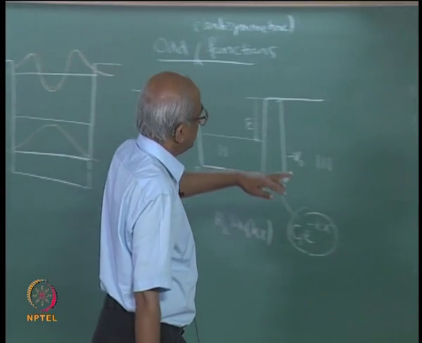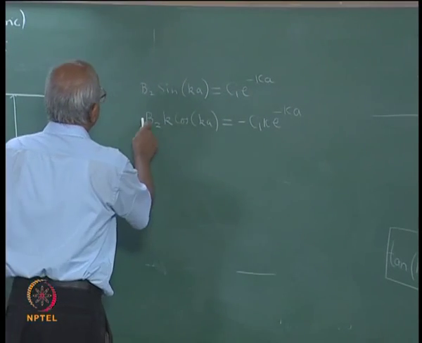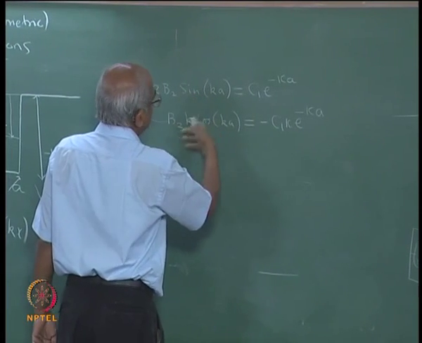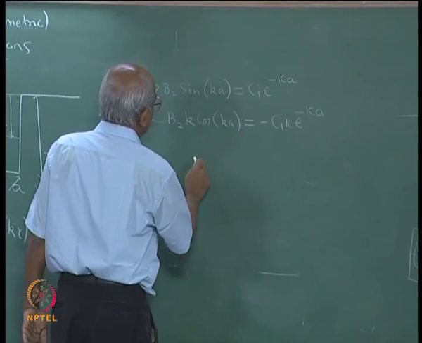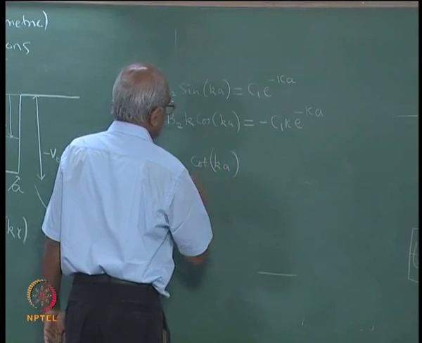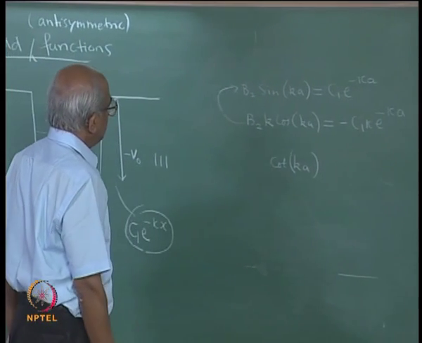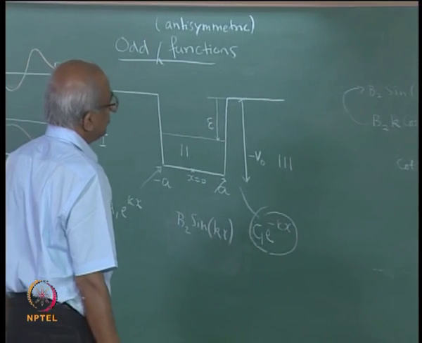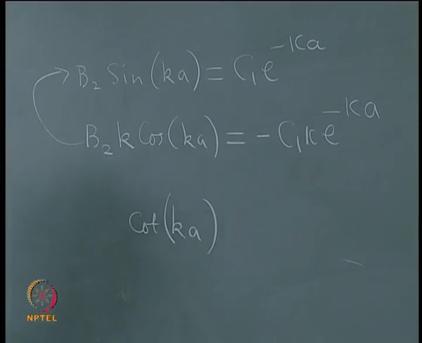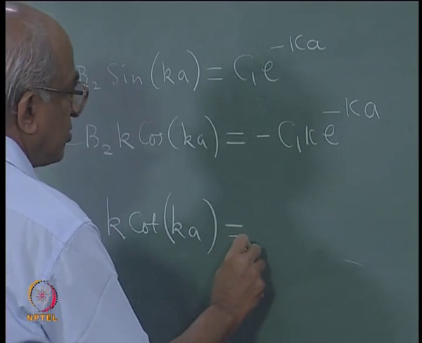And just as before, you will take this divided by that equation, so that k b2 and c1 will disappear. The answer will be cot Ka into k must be equal to minus kappa.